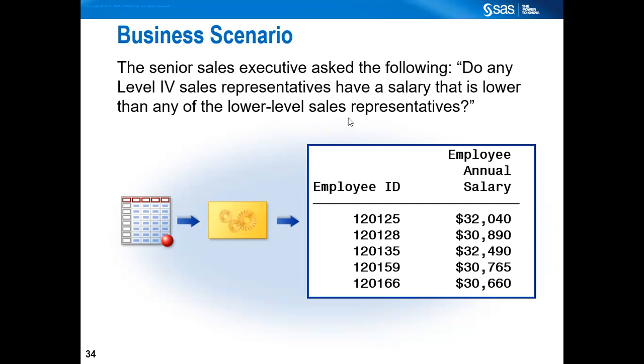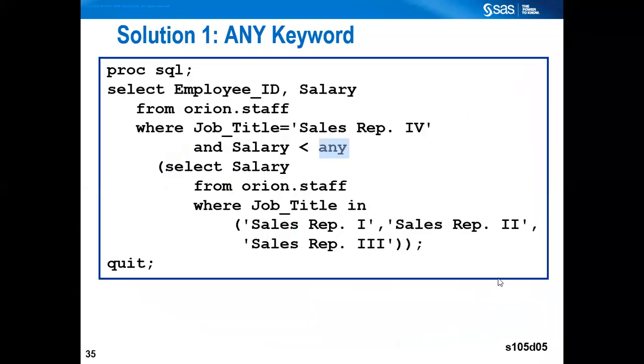That means the level 4 sales representative is earning greater than those with sales representative 1, 2, 3, even if he's earning greater than the sales manager. So this is what they're expecting.